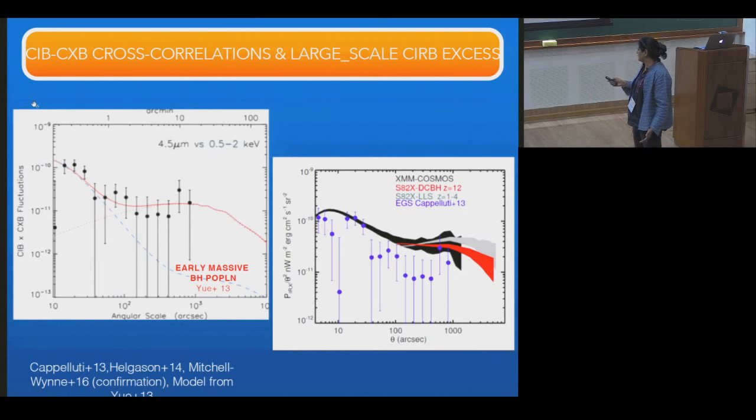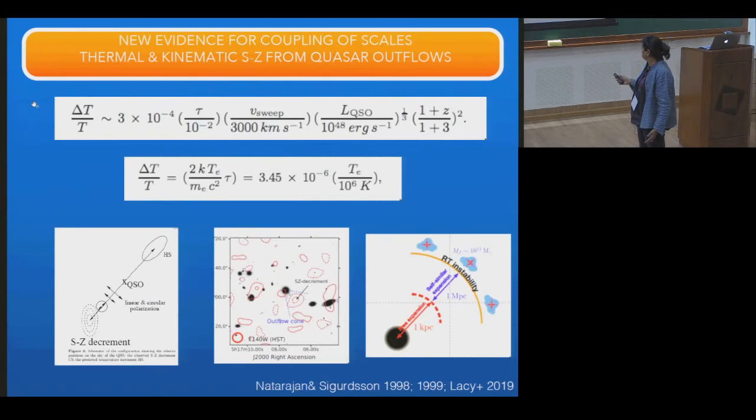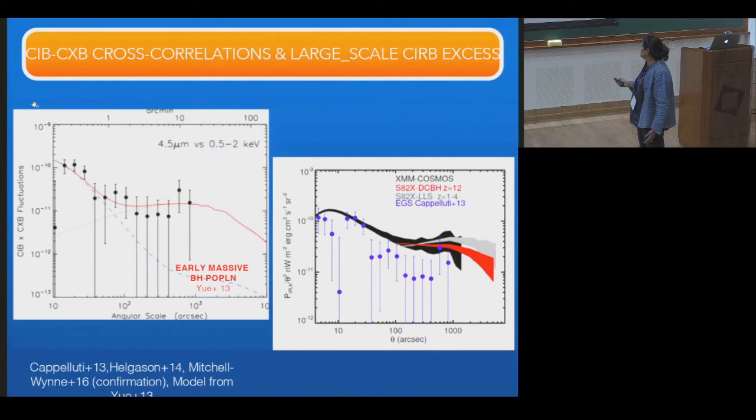It looks like you could have an early massive black hole population. There was a prediction that maybe that can explain this excess we are trying to explain. There have been claims that the red model is the one, where the black dots are the data, and the red model says maybe there's an early undetected black hole population that's responsible for this.